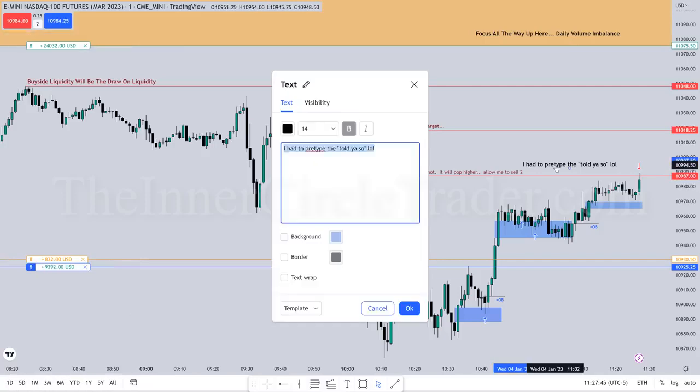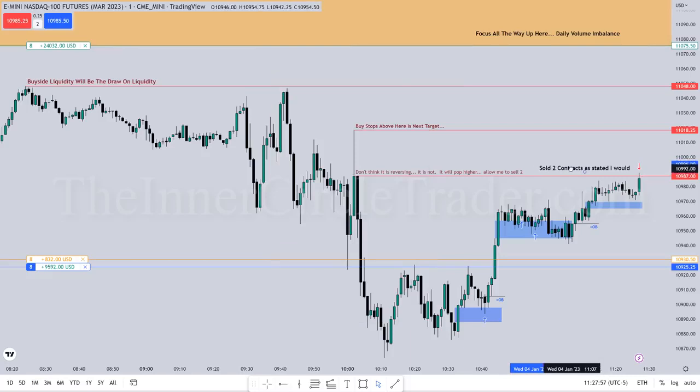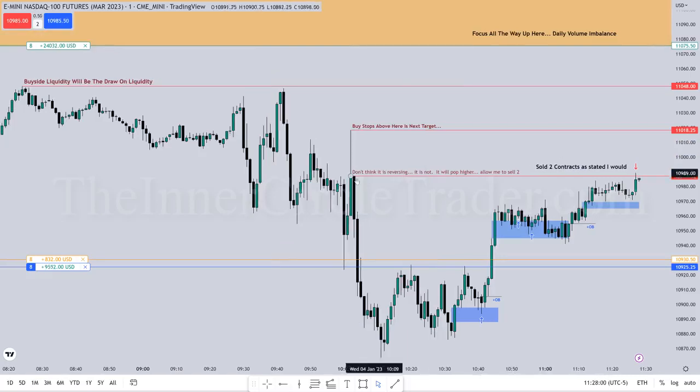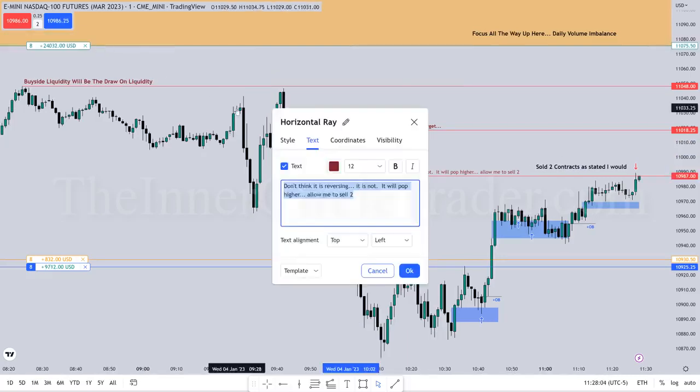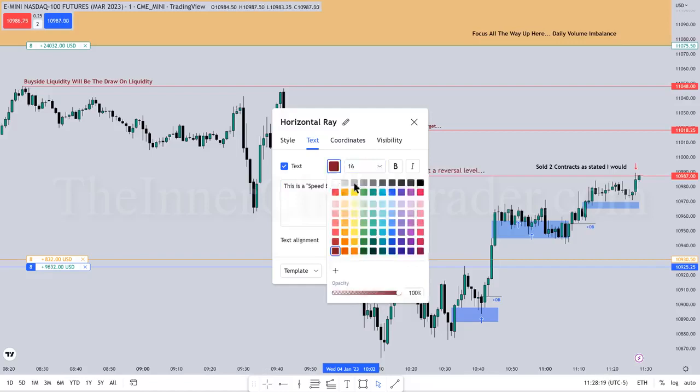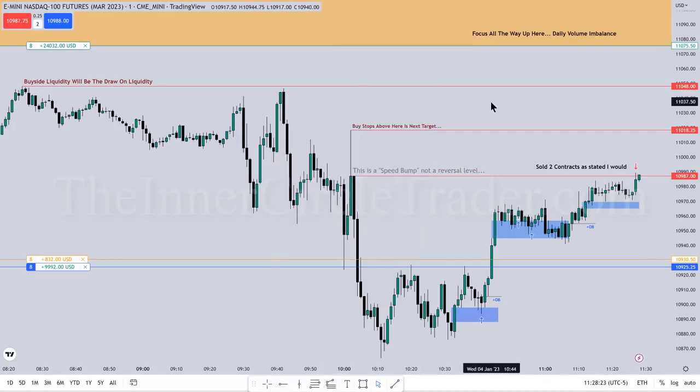There we go. So 2 contracts have been taken off as a partial. Stop is still where I have it. I'm waiting for it to expand more to the upside. And what I'm saying here, this is like a speed bump level. In other words, don't look at that as resistance.